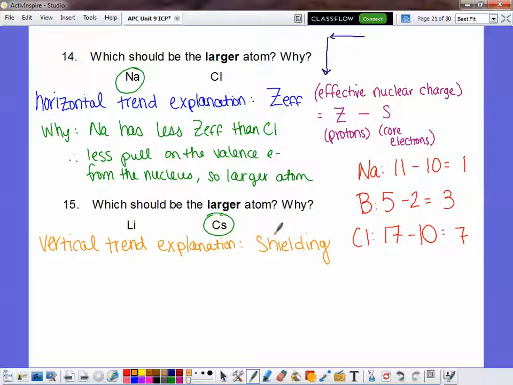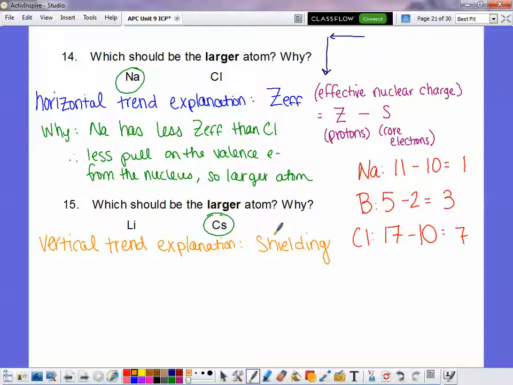Shielding is the more core electrons the atom has, the more shielding the valence electrons experience from the nucleus. If there are more core electrons, they are shielding the valence electrons from the nucleus, so those valence electrons feel less pull from the nucleus.